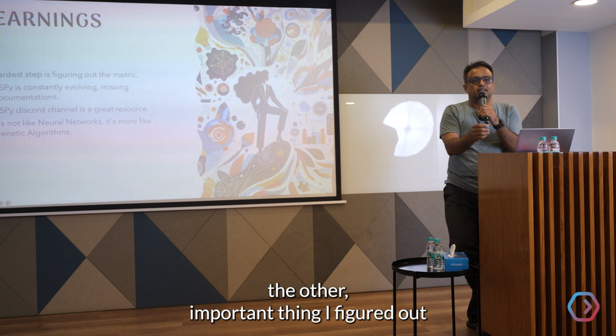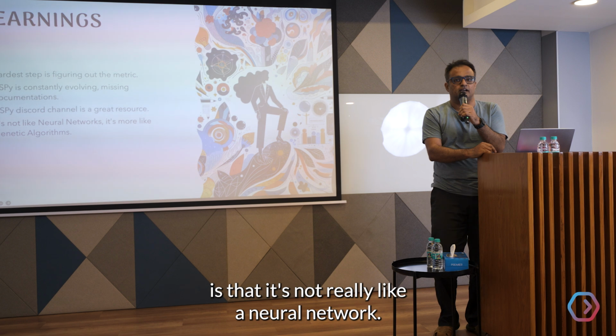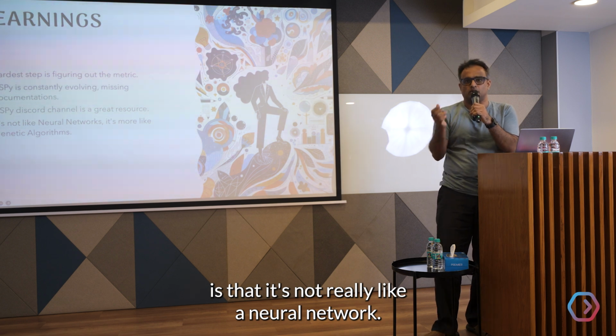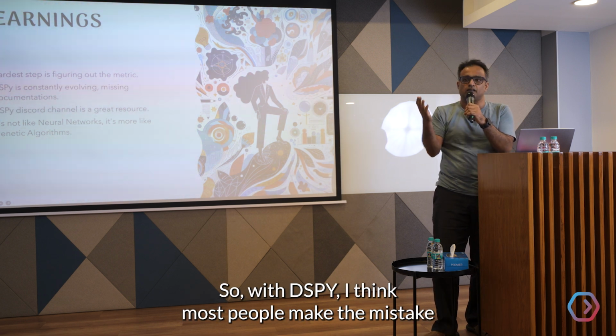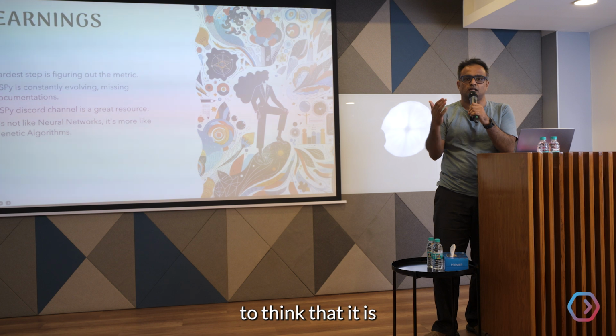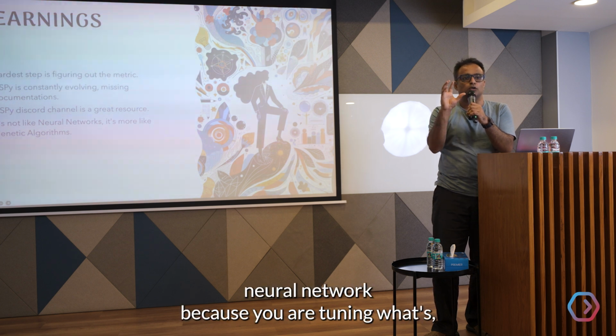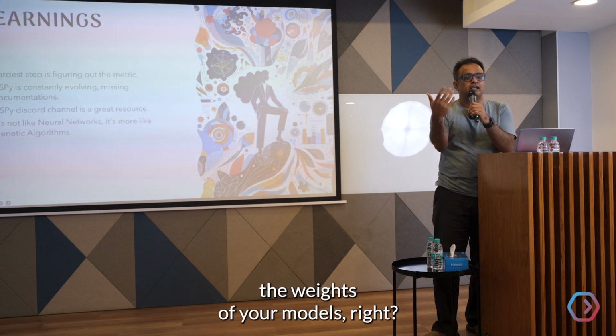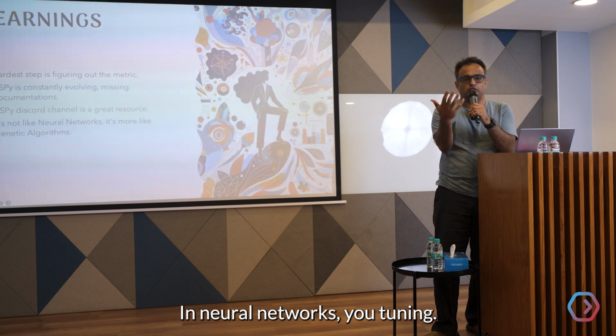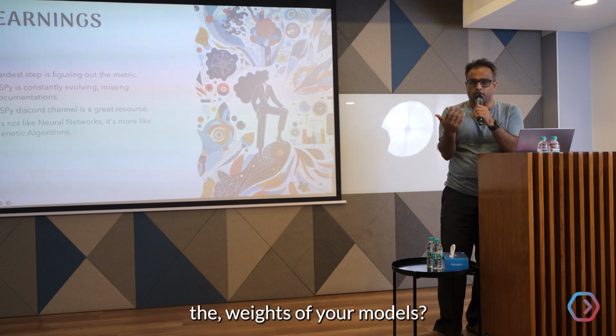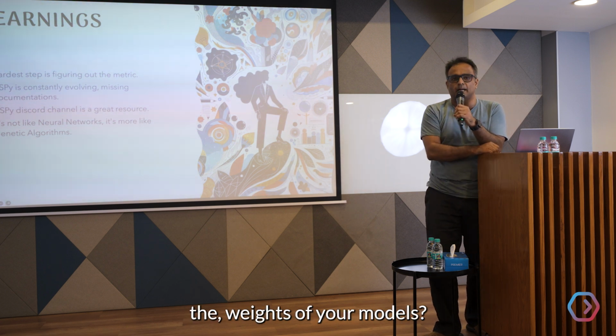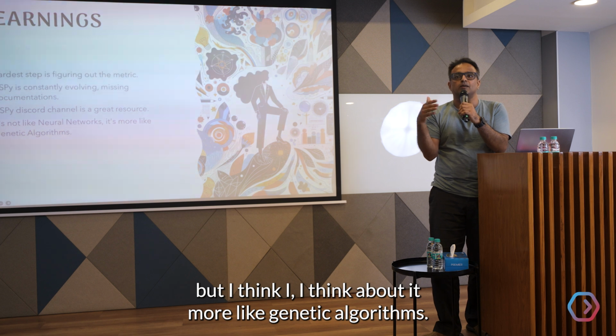The other important thing I figured out is that it's not really like a neural network. With DSPy, I think most people make the mistake to think that it is a neural network, because you're tuning the weights of your models, right? In neural networks, you're tuning the weights of your models. But I think about it more like genetic algorithms.